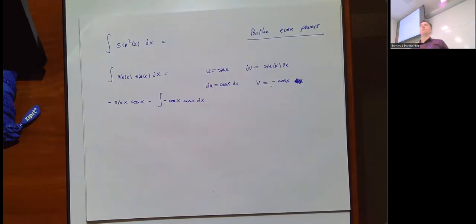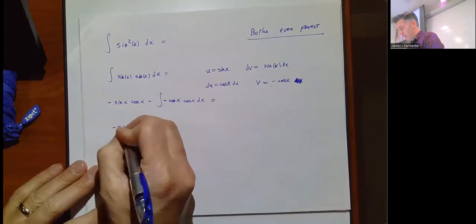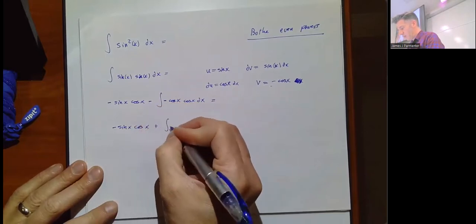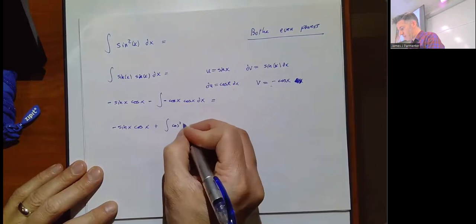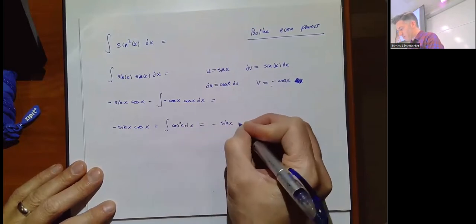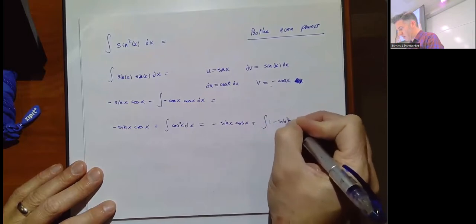Or you can be sneakier about it and just use the trig identity right now. That's going to give me negative sine x times cosine x plus the integral of cosine squared of x. We just talked about how cosine squared x is equal to 1 minus sine squared x.